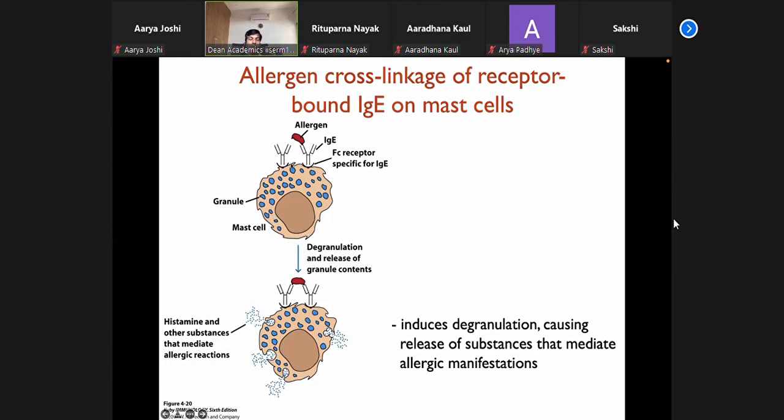Mast cells have these preformed granules. These granules contain histamines. A lot of histamine is present in these granules in mast cells, right? They are already there. It's just that you require a trigger, and these histamine molecules can be released very efficiently out of this cell to cause allergic responses.